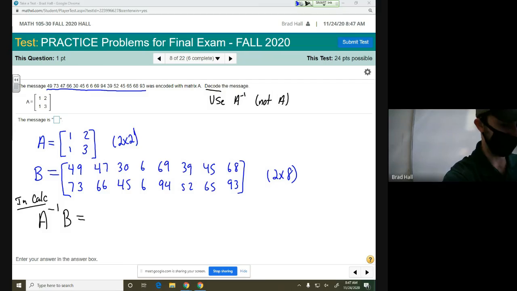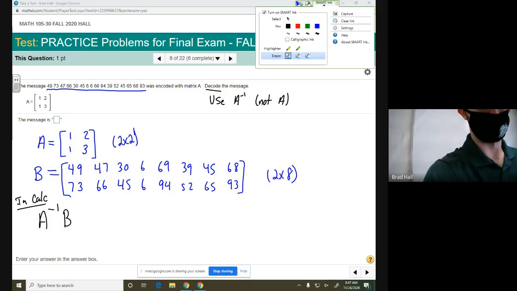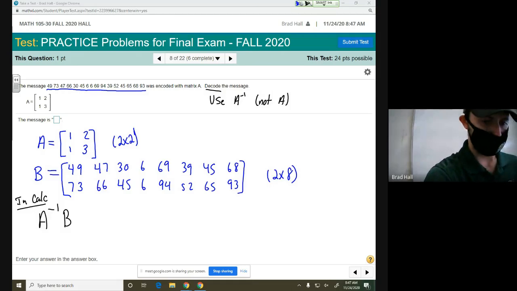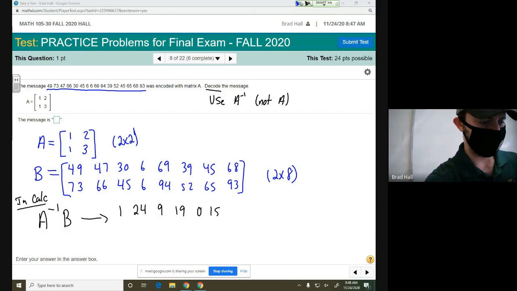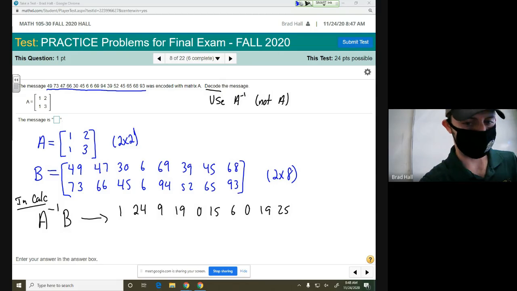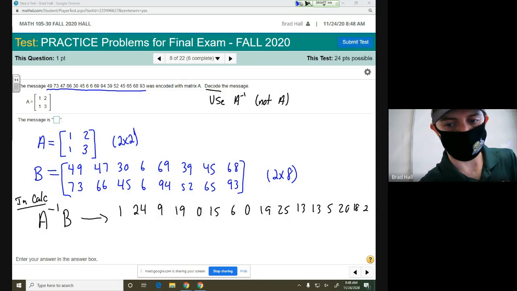If you did all of that correctly, I'm actually just going to write out what the answer ends up being. What you end up getting, again, I'm just going to write out the matrix so I don't have to write this twice. 124, 9, 19, 0, 15, 6, 0, 19, 25, 13, 13, 5, 20, 18, 25.